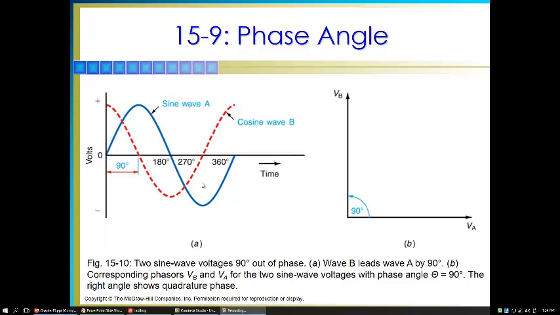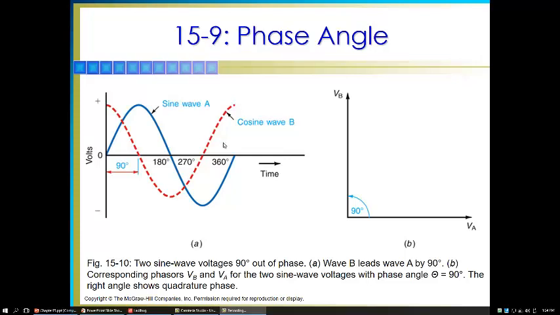So these two waves are said to be 90 degrees out of phase. In other words, wave B leads wave A by 90 degrees.